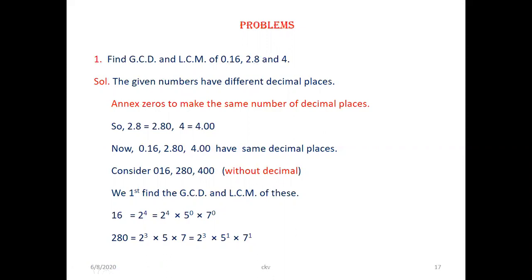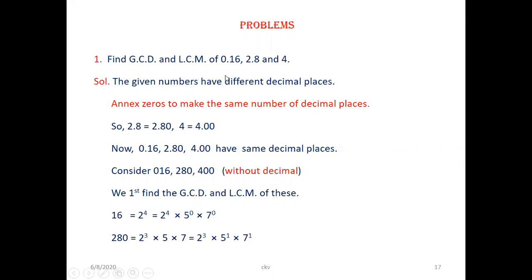What you have to do is annex zeros to make the numbers with the same decimal places. So 2.8 means after 1 place, and here you need 2 places, so you annex 1 zero. So 2.8 and 2.80 are both the same. And 4 you take as 4.00, where the decimal is after 2 places.